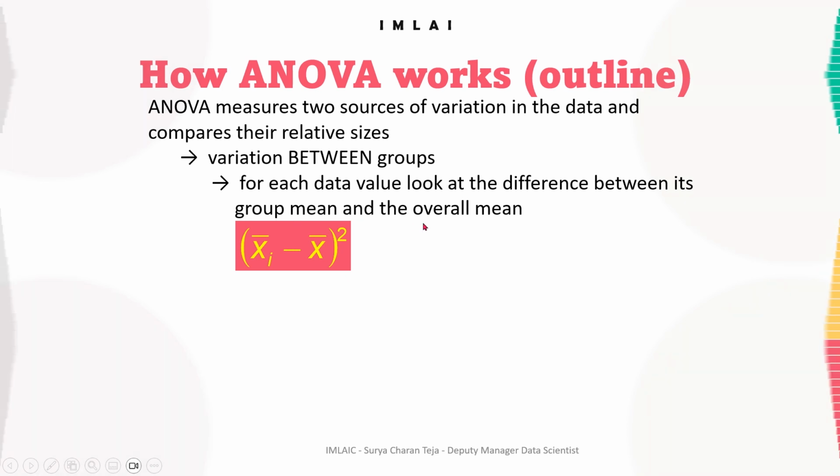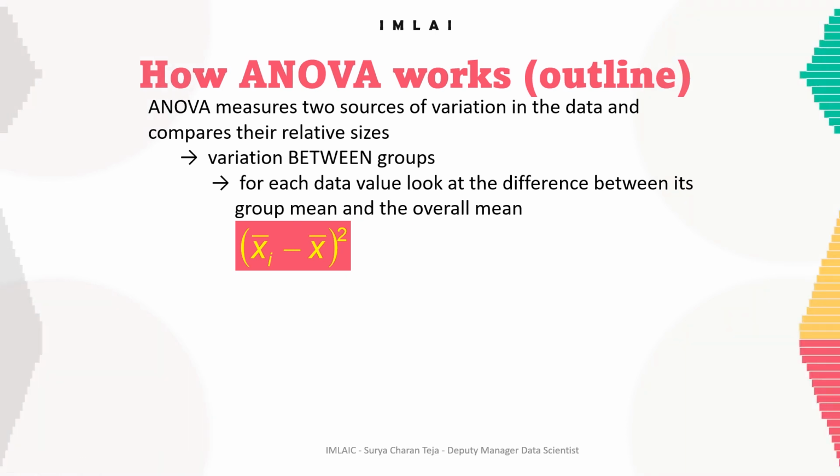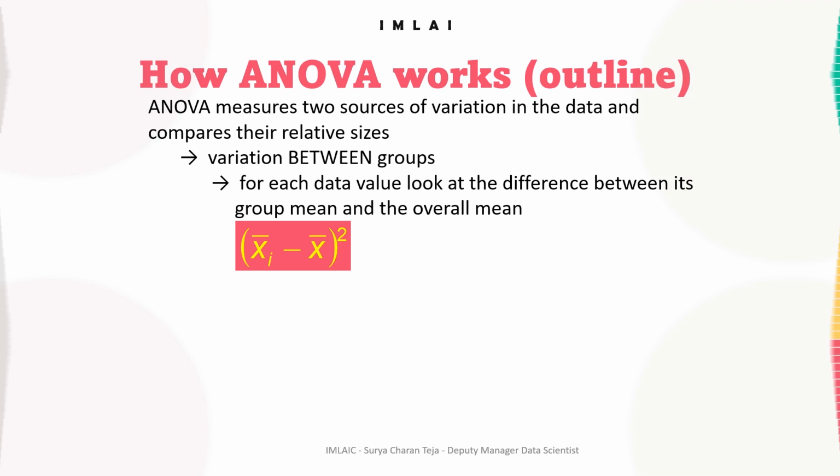Variation between groups is calculated as the mean of the total data set subtracted from the mean of the individual group, and the result is squared.